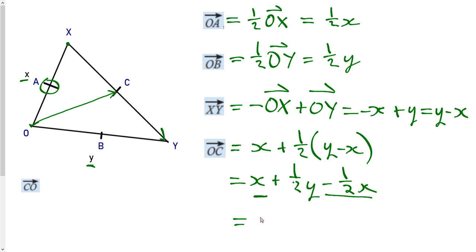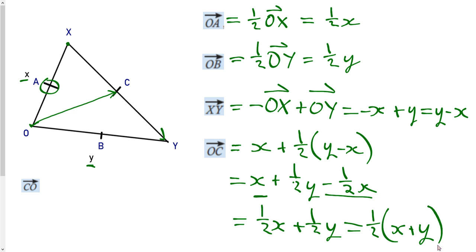So we'll end up with half of x plus half of y. Okay, and if we want to simplify that, we can just take that half out, say half (x plus y), like that.